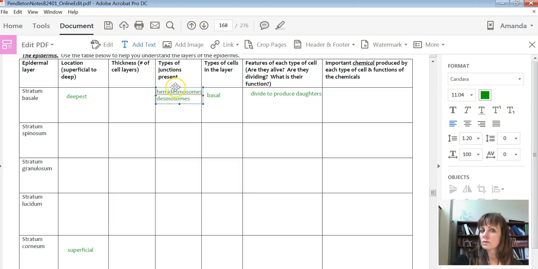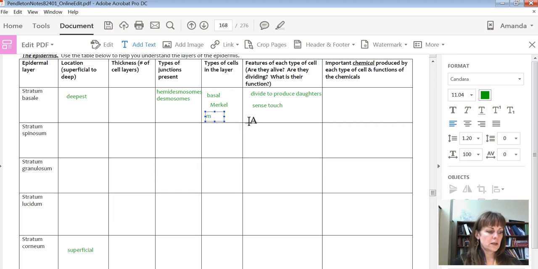And again, if you need to review what these are, go back to the tissues lecture and look at epithelial tissues. Okay. Now we're going to find that there's a couple of other cell types in this layer. We have what's called Merkel cells, and those are going to sense touch. Okay, so these are up in the epidermis and they help sense touch.